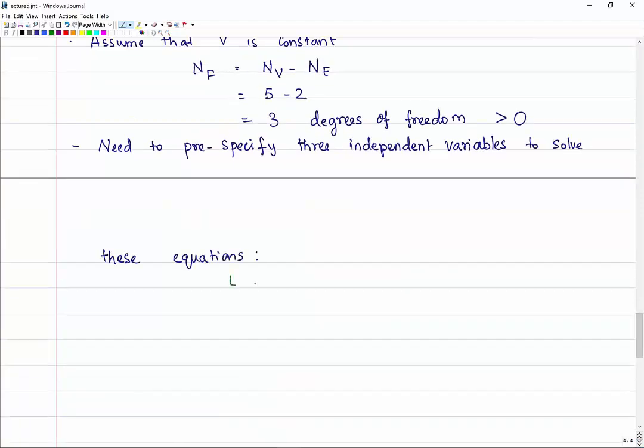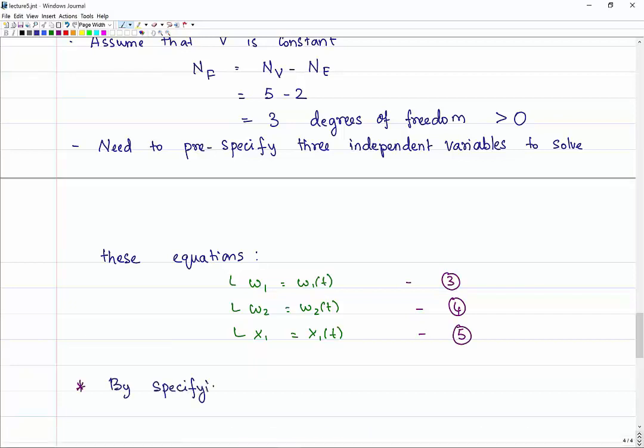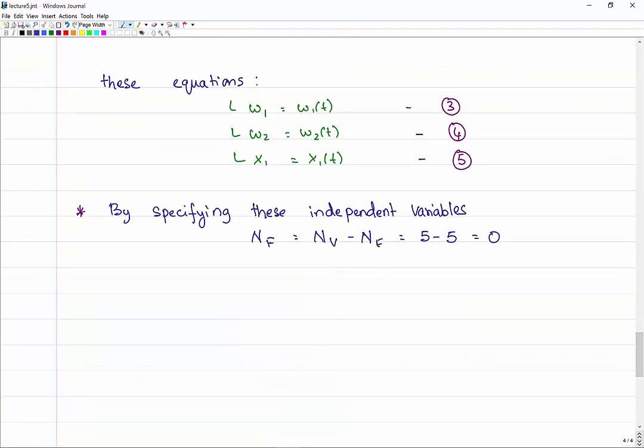And those 3 independent variables are W1, W2, and X1. If we know these 3 variables, we can add them to the set of equations defining the blending process and therefore increase the number of equations in the model from 2 to 5. Once we do that, the number of degrees of freedom is going to be equal to 0.